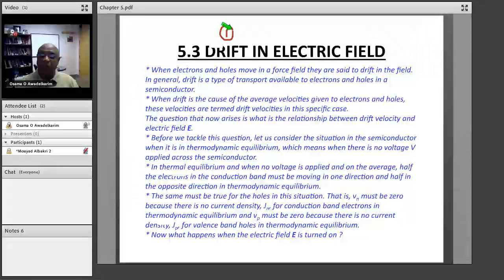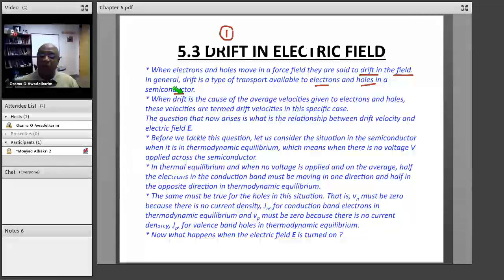So now we want to have an electric field. We have a field, and because of this field, the charge will move. Drift is the type of transport available to electrons and holes in a semiconductor if you have an electric field applied. What we're trying to do now, folks, is determine the average velocity.